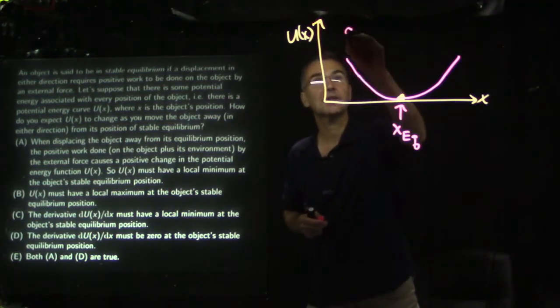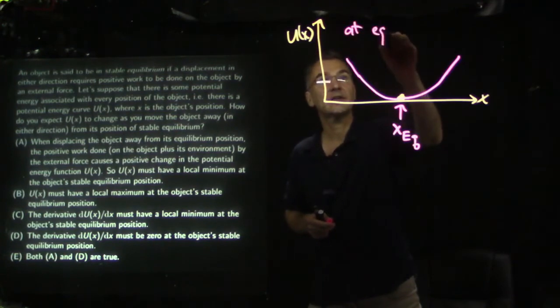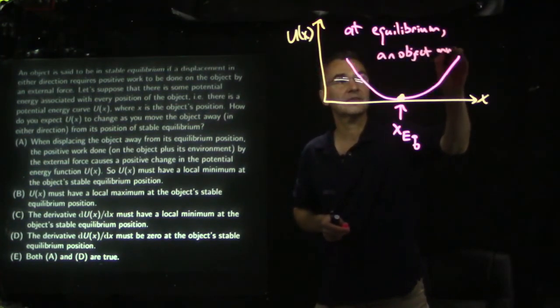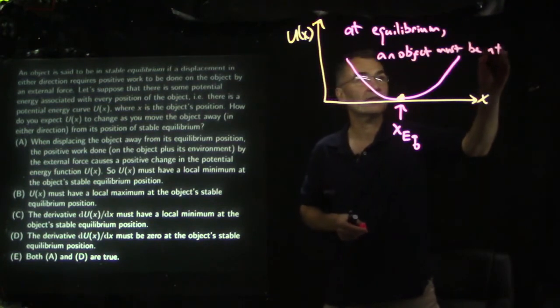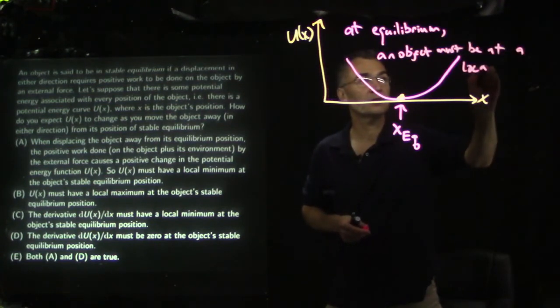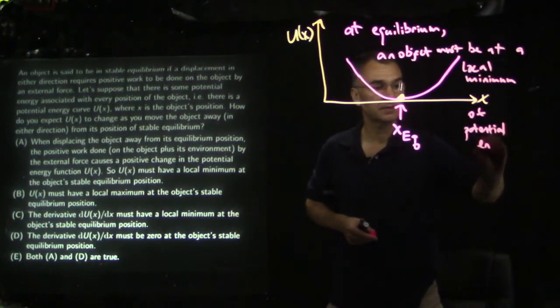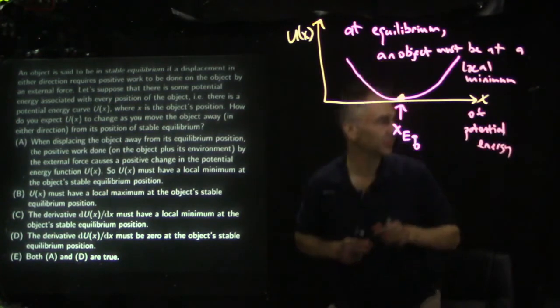So I think at equilibrium, an object must be at a local minimum of potential energy. I think that's probably true. That seems like a pretty good statement to me.